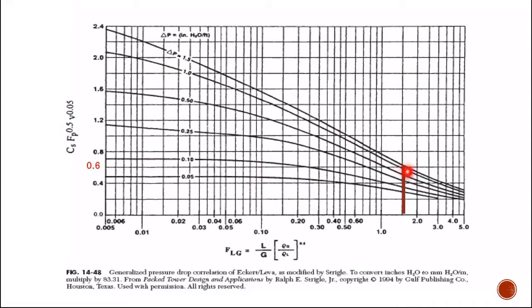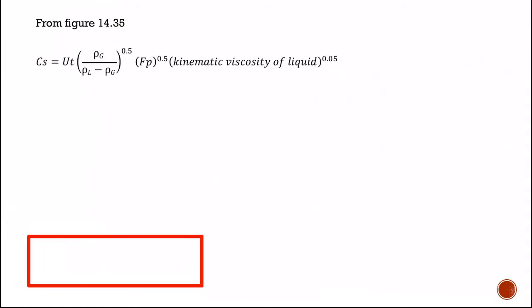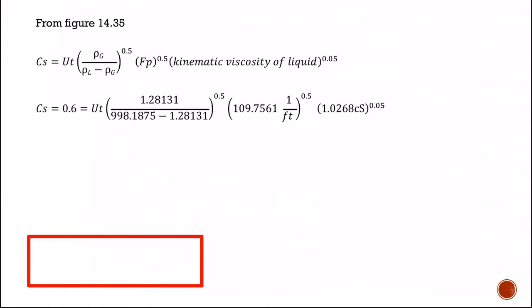Here and then here, we can now see that our capacity parameter is equal to 0.6. Using the values we get from the graph, we can calculate the capacity parameter.